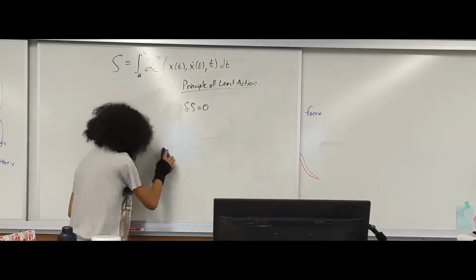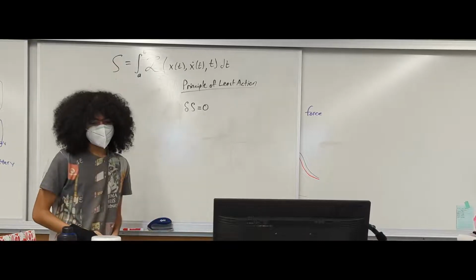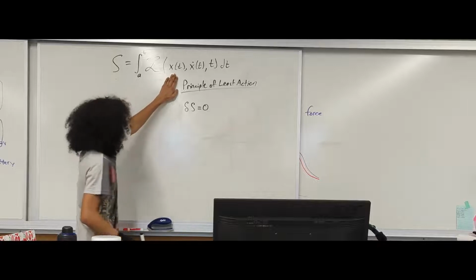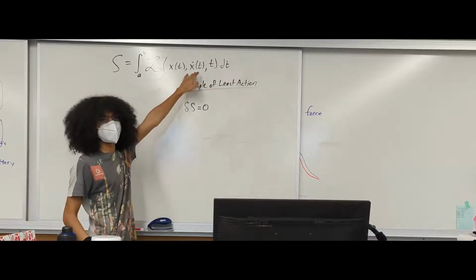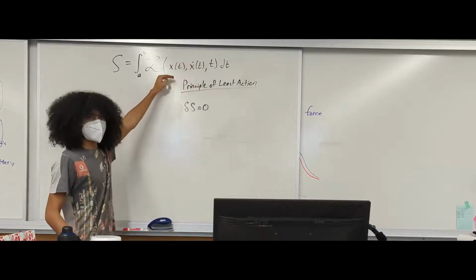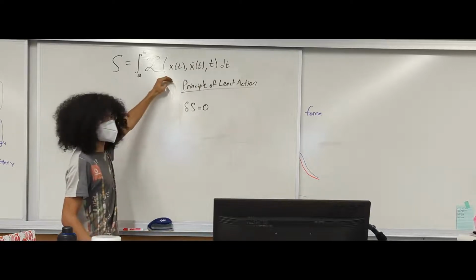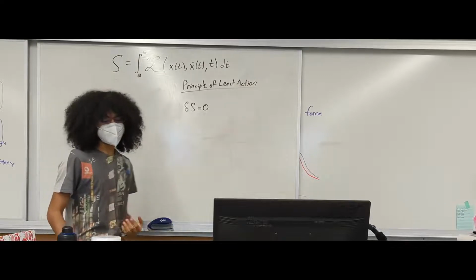Not just one. So in general, we won't have the Lagrangian just depend on the position and the velocity, but also the different dimensions. We have like x, y, z. Then we could have each of those for each particle in there.